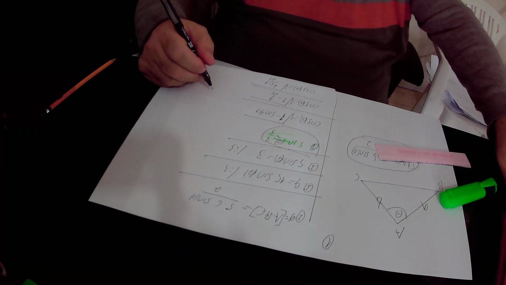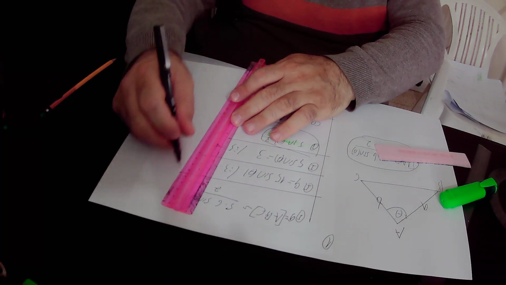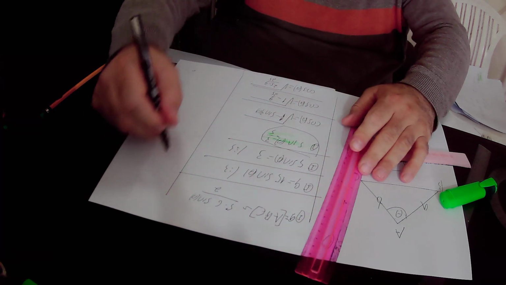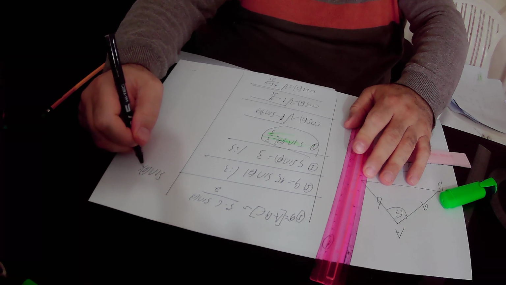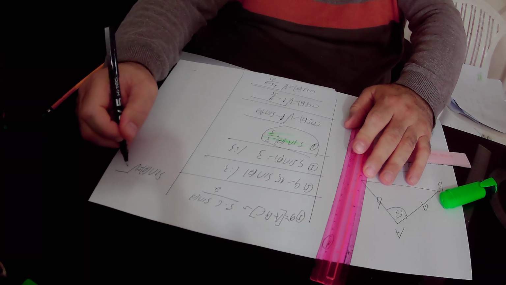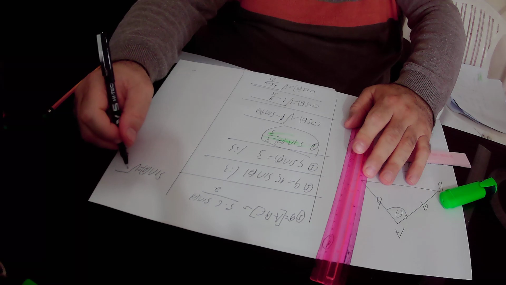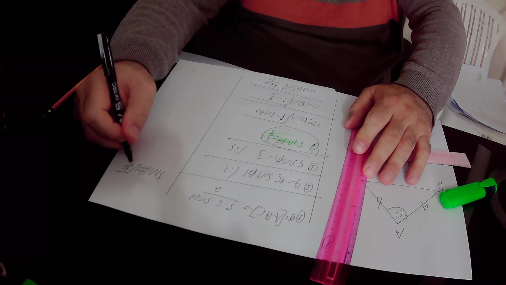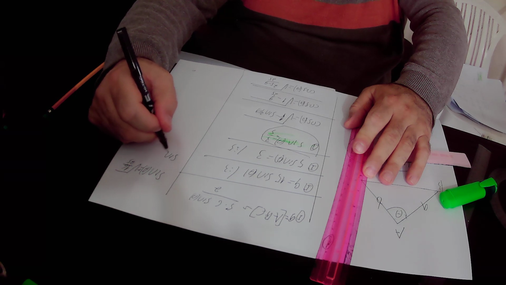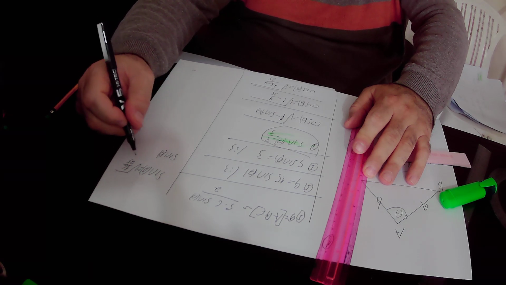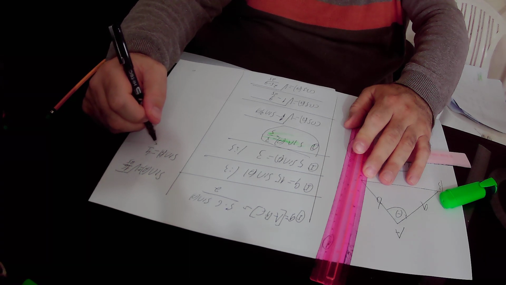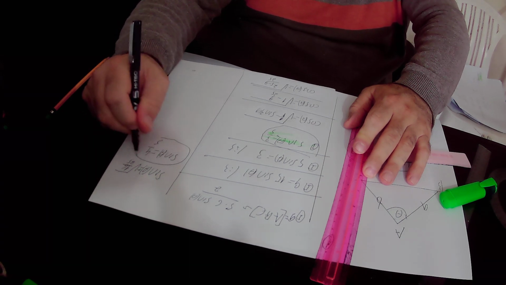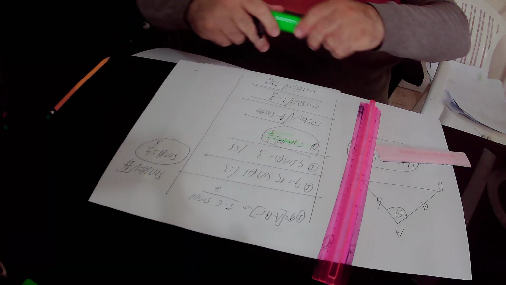So we found out that cosine theta equals the square root of 25 minus 9, which is 16, over 25. So cosine theta equals the square root of 16, which is 4, and the square root of 25, which is 5. So in conclusion, we found out that cosine theta equals 4/5.